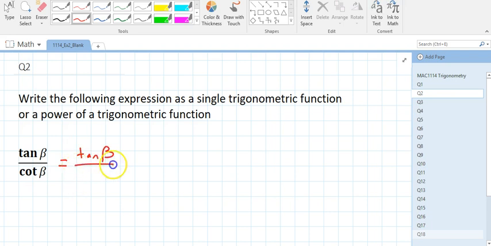So we got tangent beta on top, and cotangent becomes 1 over tangent beta. Because we don't divide by fractions, we multiply by the reciprocal. So this looks like tangent beta times, what's the reciprocal of 1 over tangent? Tangent.